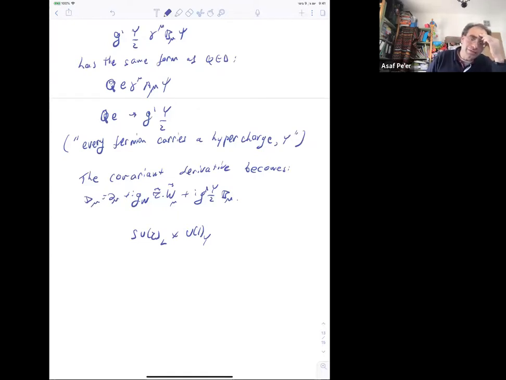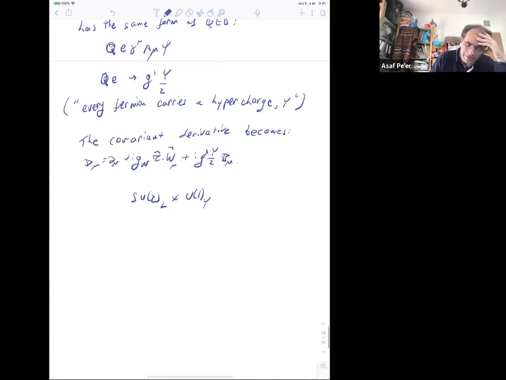Then we can write down the photon and the Z boson as a linear combination of the new vector field B mu and the neutral one W3.